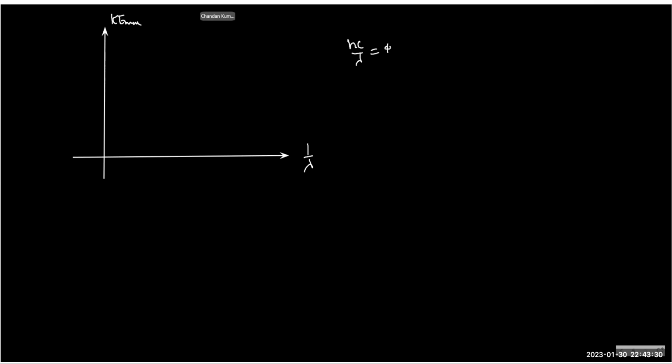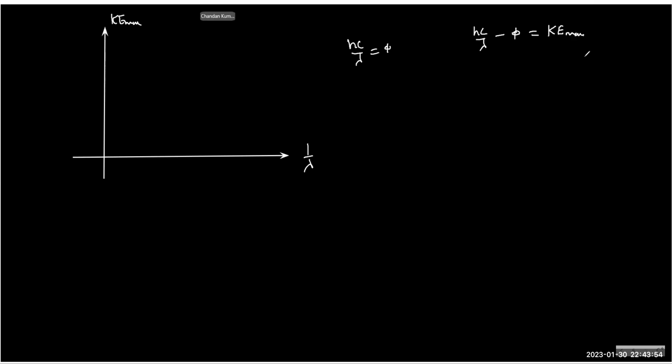See, energy given minus work function is K max, right? Energy you have given this much. Out of this energy, this is consumed in only coming out of this, the work function. And the difference we call K max, right? So one should not get confused.